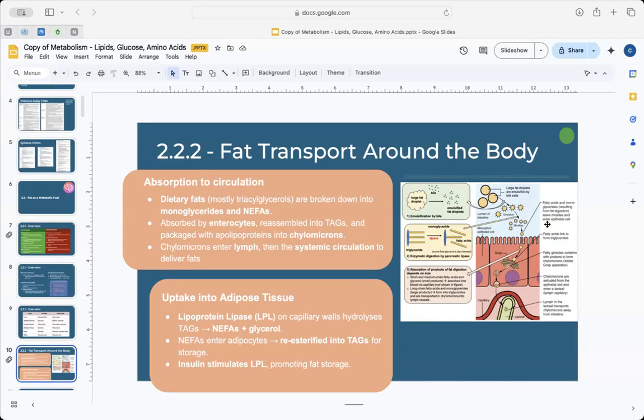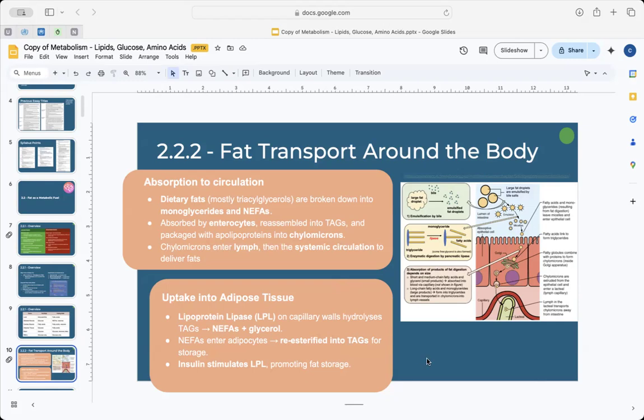There's a handy overview diagram here that I found on the internet that shows the process from the lumen of the intestine into the enterocytes, and into the lymph, because that's where chylomicrons end up, and then the systemic circulation to deliver fats. So that's a nice overview diagram there.